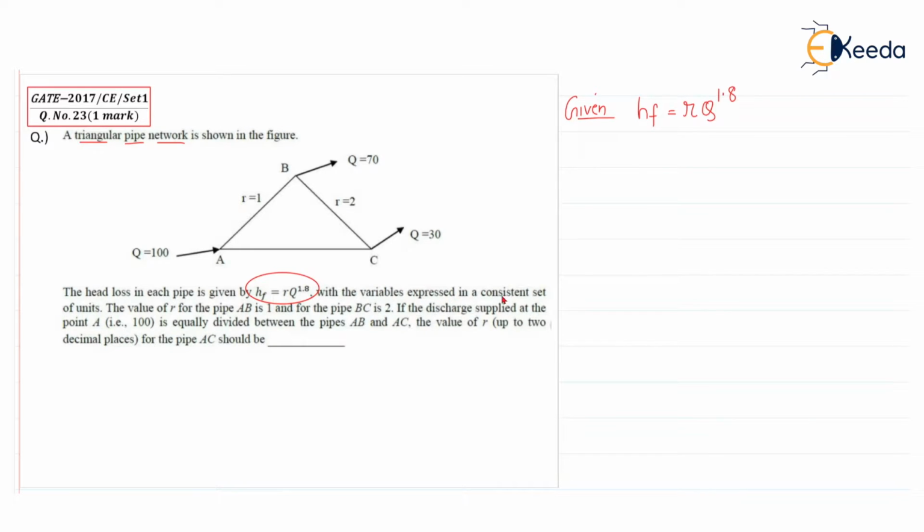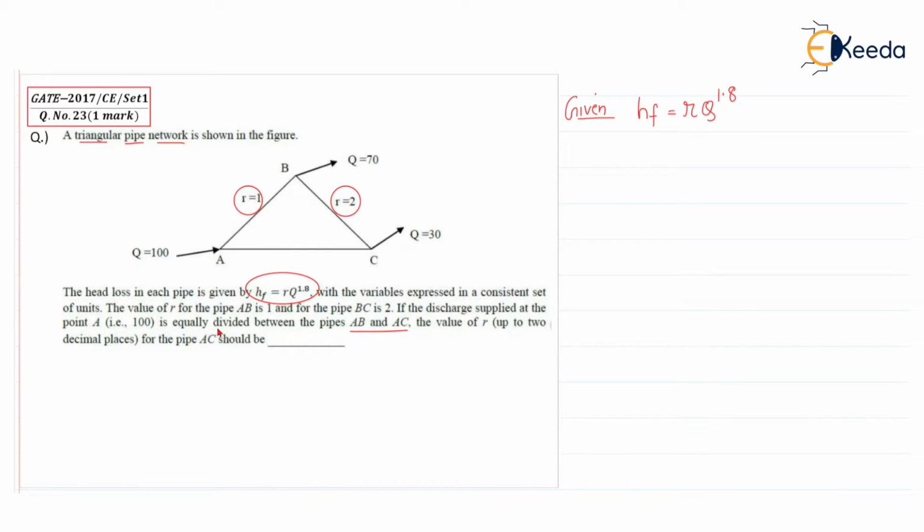With the variables expressed in a consistent set of units, the value of R for AB is 1, and for the pipe BC is 2. If the discharge supplied at the point A is 100, it is equally divided between the pipe AB and AC.